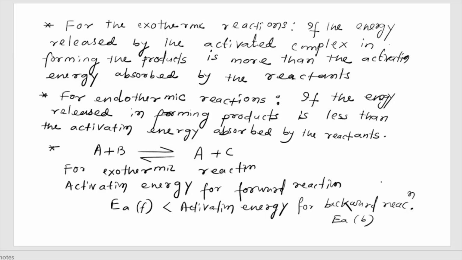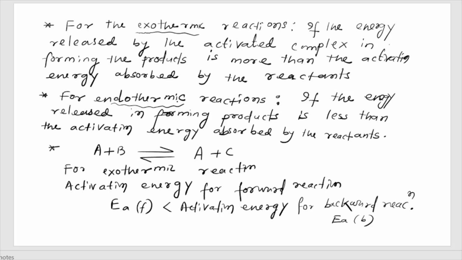More than the activation energy is called exothermic. This is the meaning of exothermic and endothermic reactions. Or you can say, if delta H is negative, it is an exothermic reaction; if positive, it is an endothermic reaction.